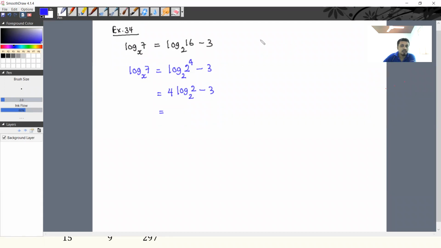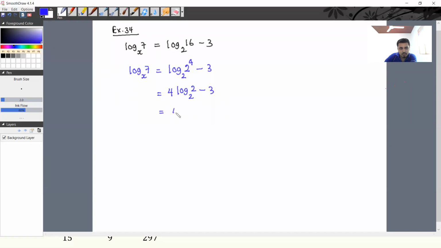Log of 1 to any given base should be equal to 0. And if the argument and base value are the same, the answer should always be equal to 1. So here, this part, the answer should be 1.